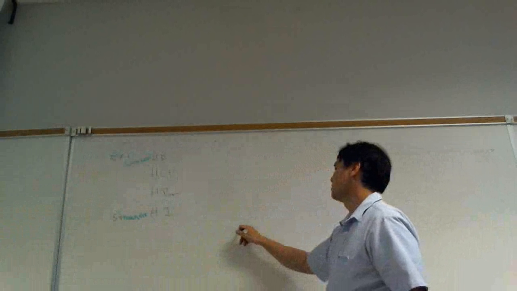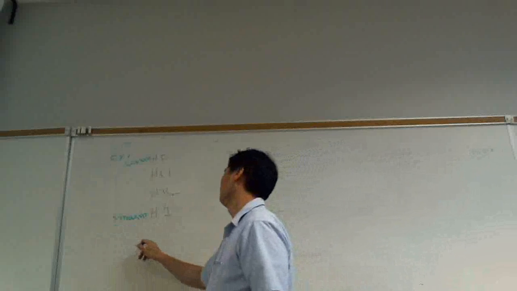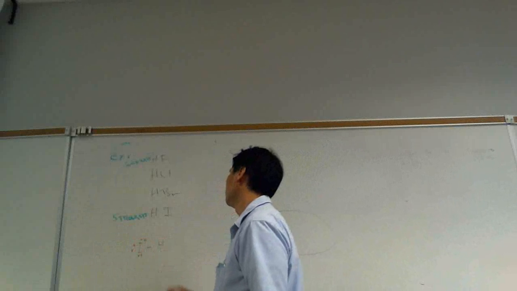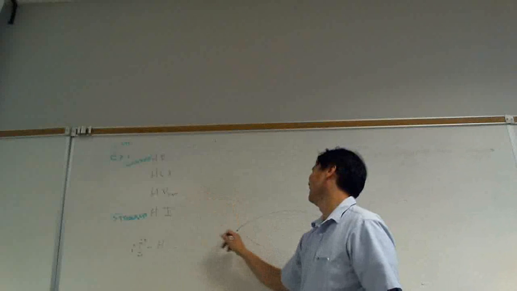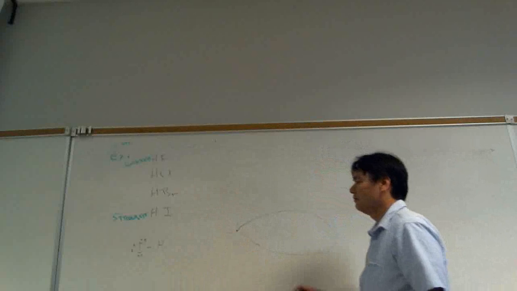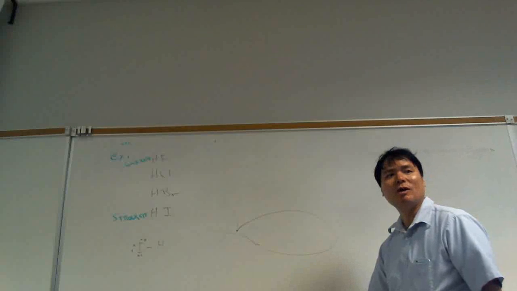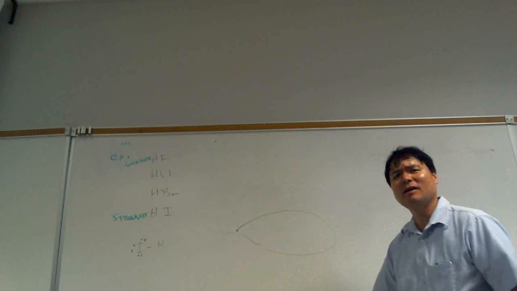Hydroiodic acid is the strongest because, look at it this way. We call it sp3, right? But it's got huge orbitals. In fact, we might not need to hybridize iodine because the orbitals are so big. Why do we hybridize? To minimize the repulsions, but the repulsions probably aren't so big.